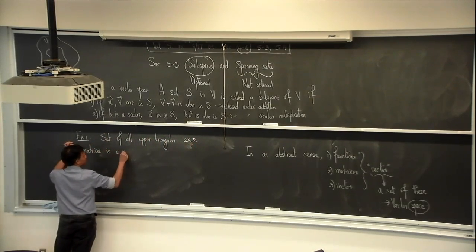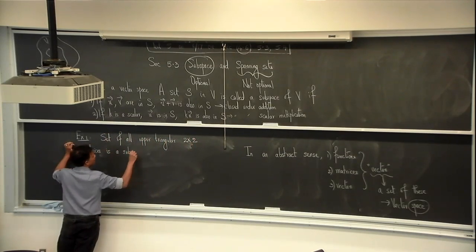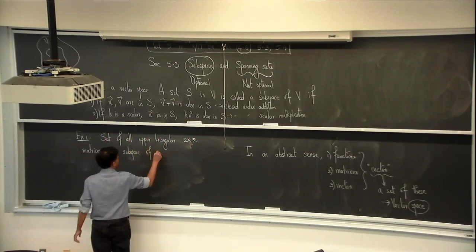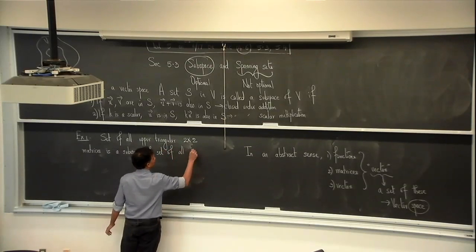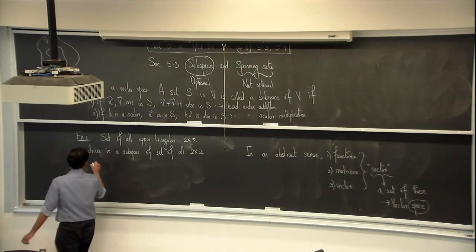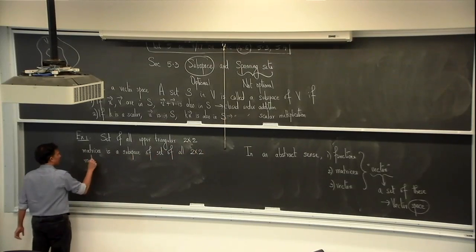It's a subspace of the set of all 2x2 matrices. You can see what I mean by V.